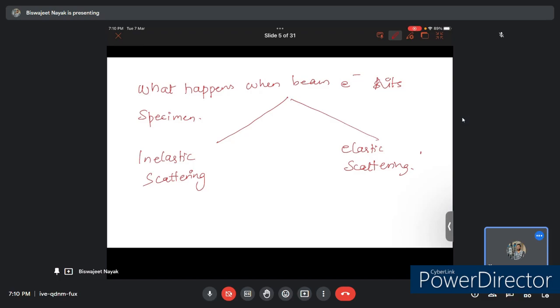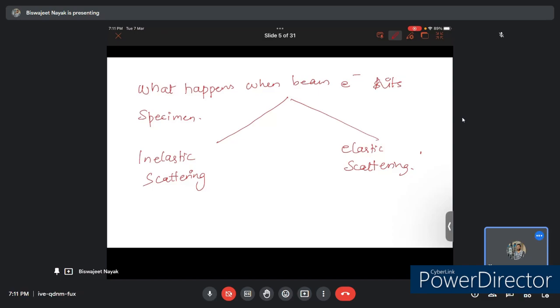Whatever energy is lost includes the ejection of a weakly bound outer shell atomic electron, and they form the secondary electron. And when they eject a tightly bound inner shell atomic electron, then we call them characteristic X-rays.